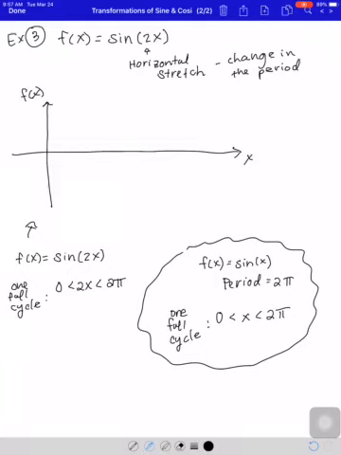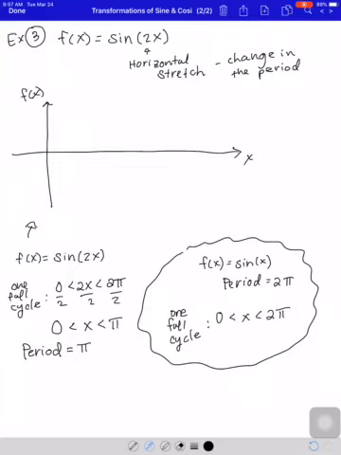Okay, but let's see, what is x doing? For this inequality, it's just like solving an equation. If we want to get x by itself, we just divide both sides by 2. In this case, we're just going to divide everything by 2. And if we do that, we'll end up with 0 is less than x, which is less than 2 pi over 2, which is pi. All right, so there we go. Our period is now pi.